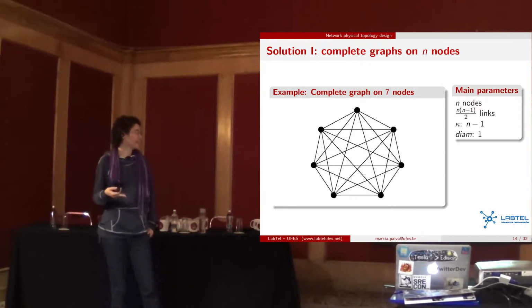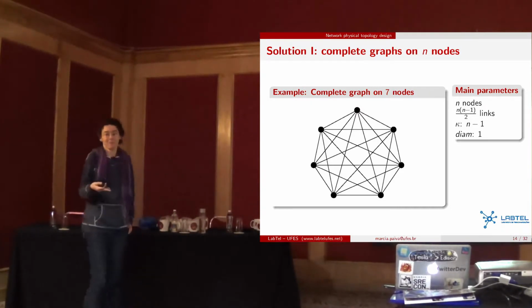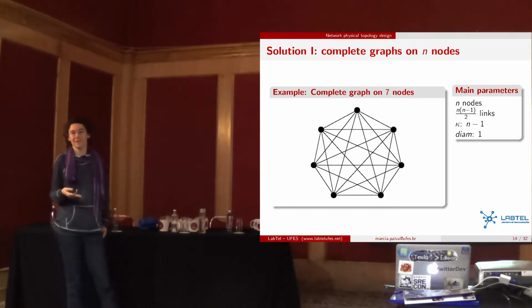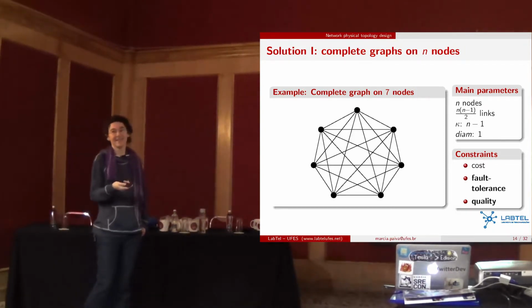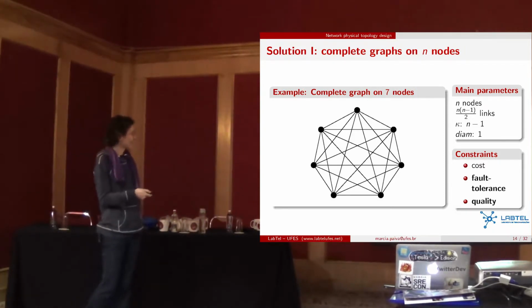So we have the network that is the most fault tolerant possible. That is the best choice if the links do not cost so much. But it's not the case, almost never.